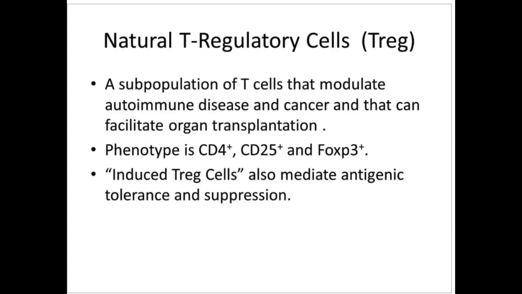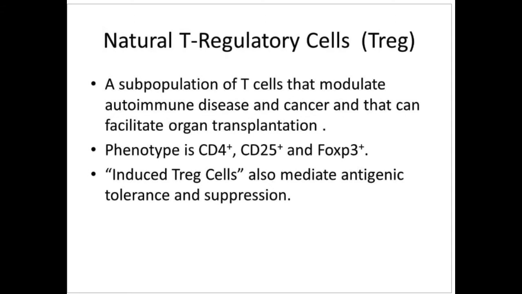Okay, so T regulatory cells. It's a subpopulation of T cells that modulate autoimmune disease and cancer, and they can also facilitate organ transplantation. The phenotype is CD4 positive. These T regulatory cells are also CD25 positive.